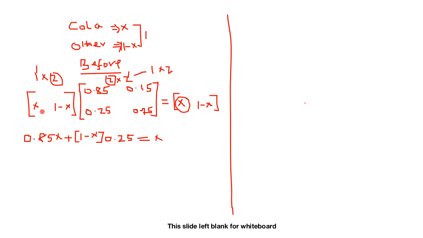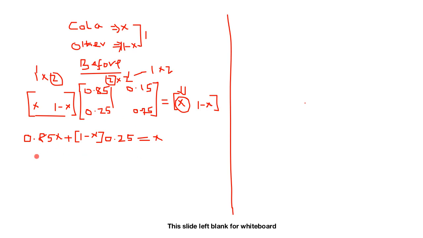If we multiply the first row by the first column, we should get this value here, which is x. That is why we are equating it with x. Because our area of interest is to find the value of x, we don't have to go to the second column, because we'll get the same answer.